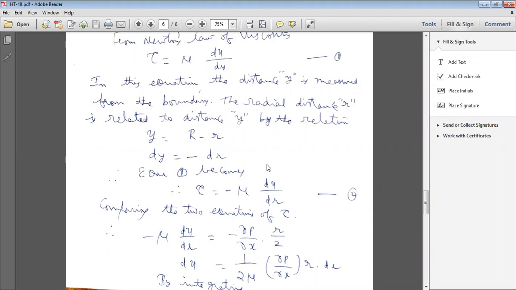Therefore, equation 1 becomes tau is equal to mu into du divided by minus dr. Finally, shear stress tau is equal to minus mu into du by dr. This is equation 2, one equation for shear stress tau.